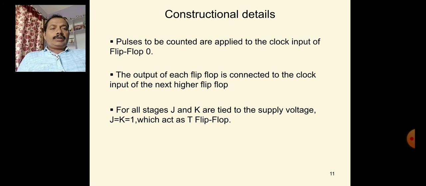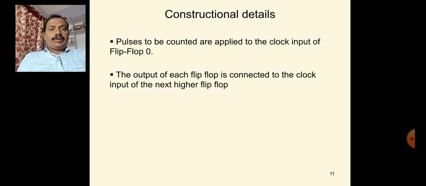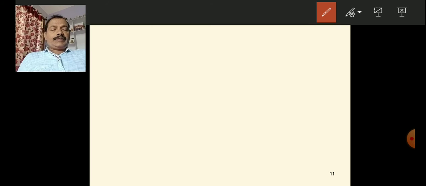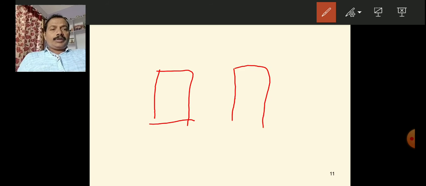So now another important thing is, instead of JK you can use T flip-flops also. For example, let us consider a 3-bit counter.